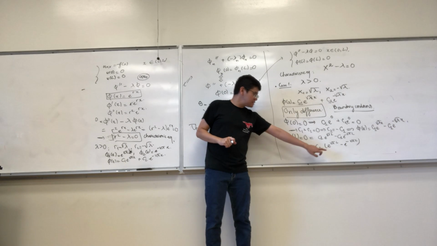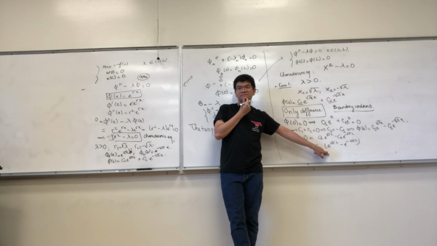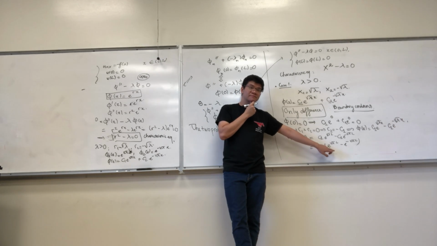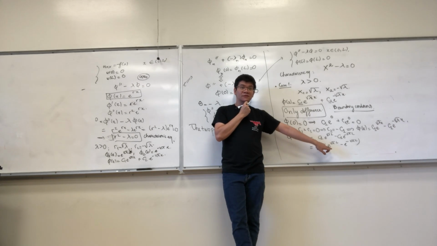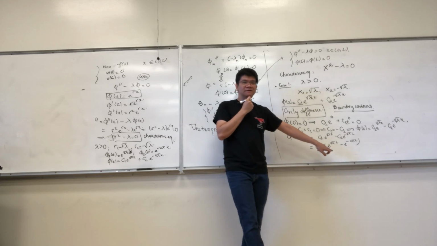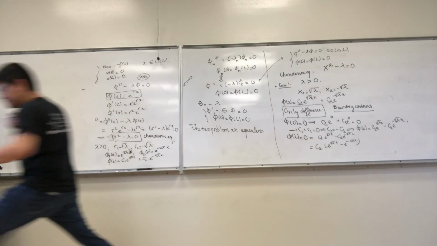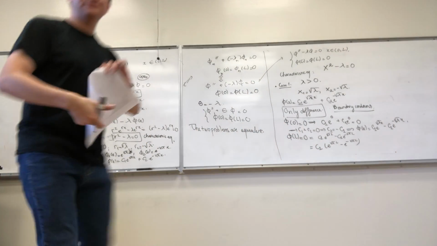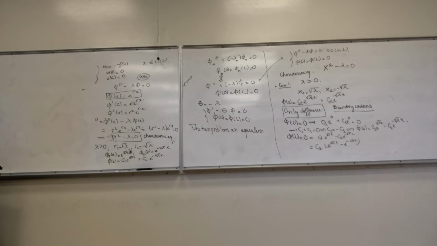And we discussed that this is positive. Why? We know that this guy is positive from the previous class. Why? Because e to the square root of lambda L is greater than 1, and the other one is less than 1. Right?